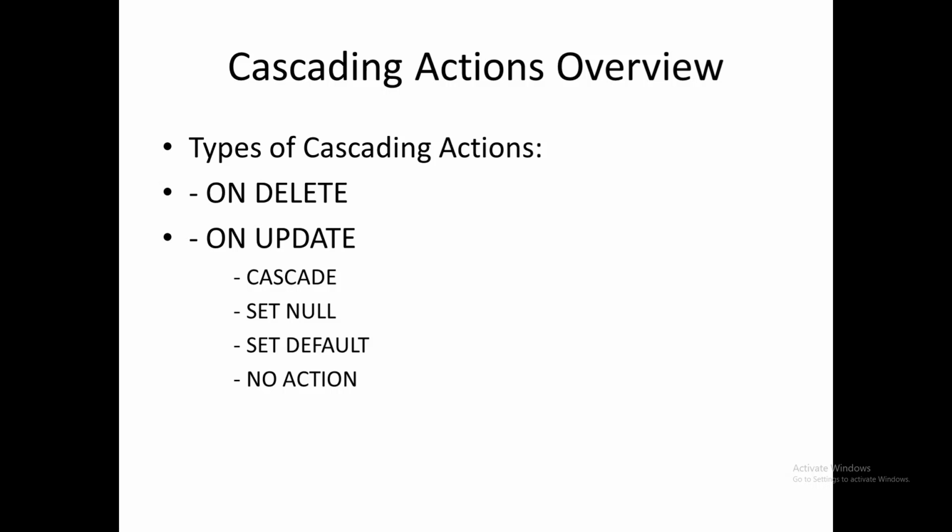Here we are going to talk about the cascading action. The cascading action is available for only two things: on delete and on update. Whenever we perform any kind of delete or update operation on the parent table, how the child table will react, how the child reference will be updated or deleted, that comes into the cascading action.